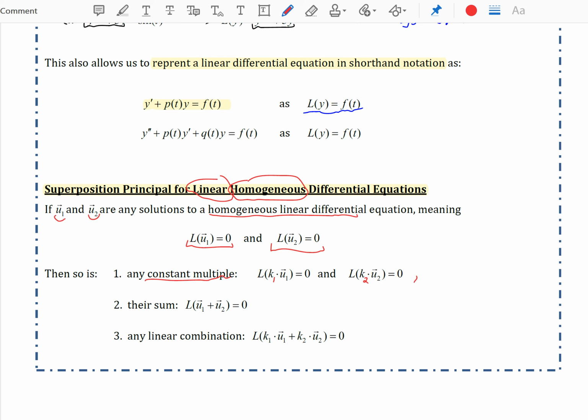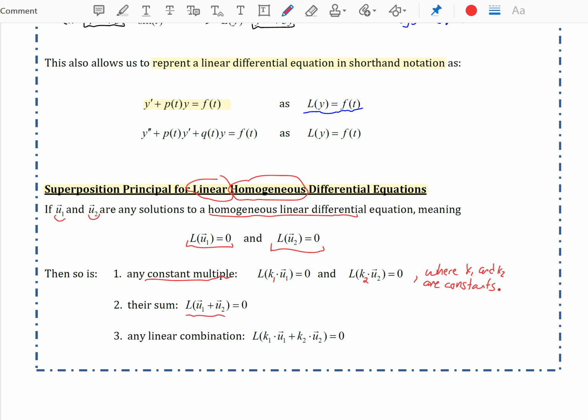So multiplying these by constants does not change the fact that they'll still be solutions. Maybe I should emphasize here that k1 and k2 are constants. Similarly, so is the sum going to be a solution.